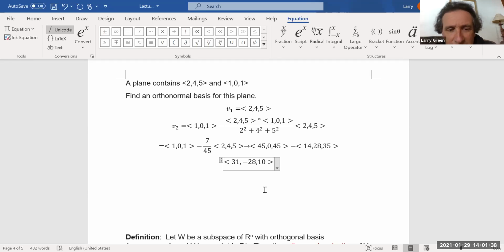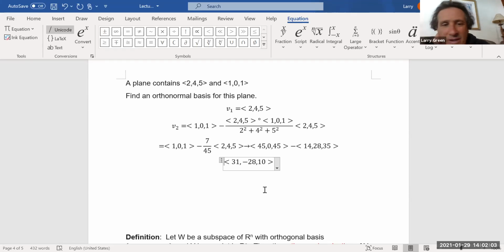All right. It looks like I might have made a little arithmetic error. Can you find it? Because when I dot it, I don't get 0, and you're supposed to get 0 when you dot it.